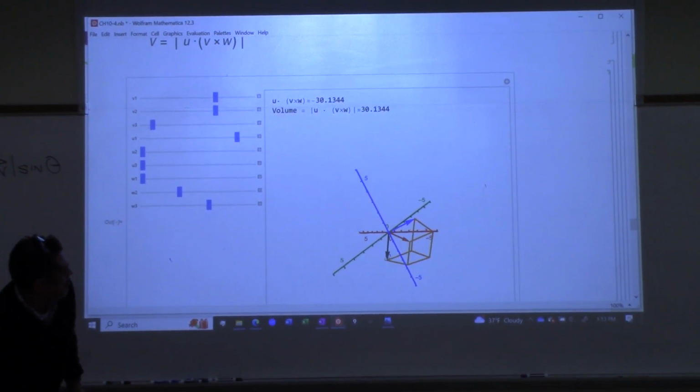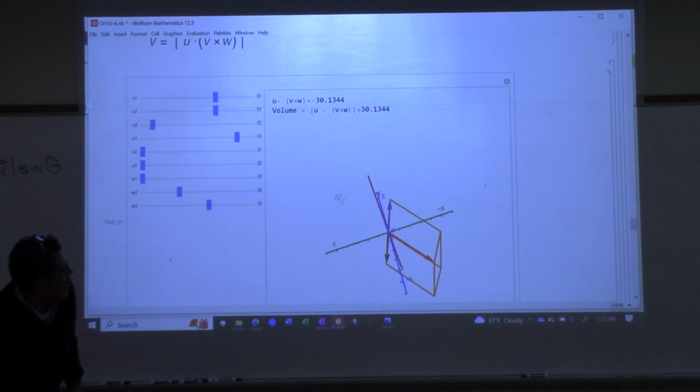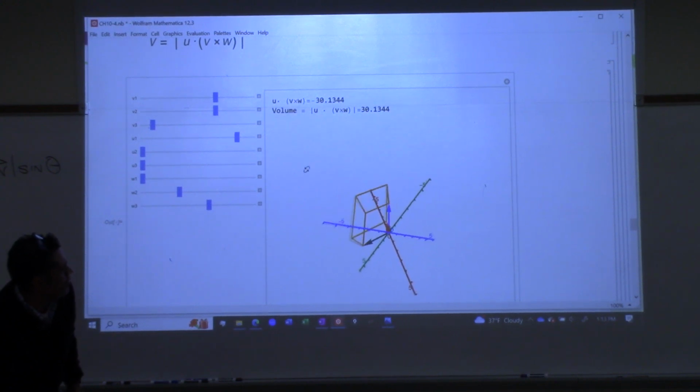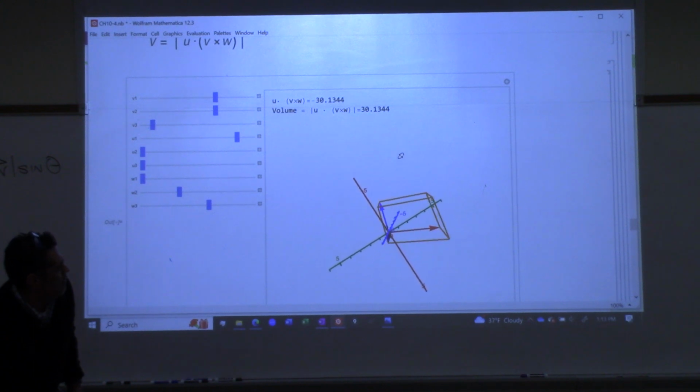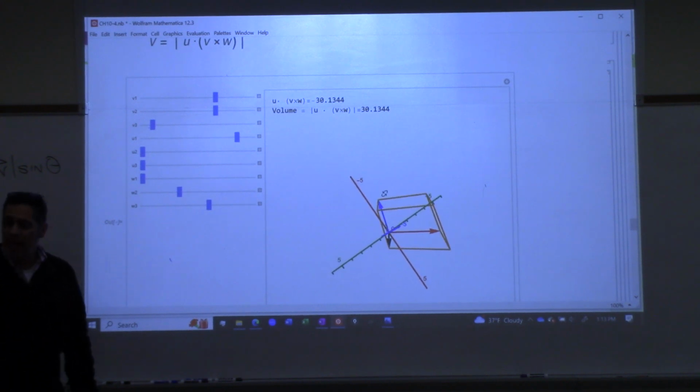I'll spin it around a little so you can see the 3 vectors, red, blue, and black. Those 3 vectors form this weird sort of box shape, and the question is, can we find the volume of that?